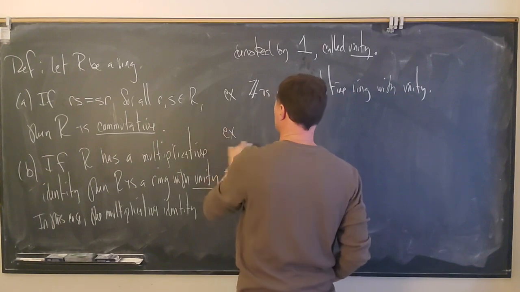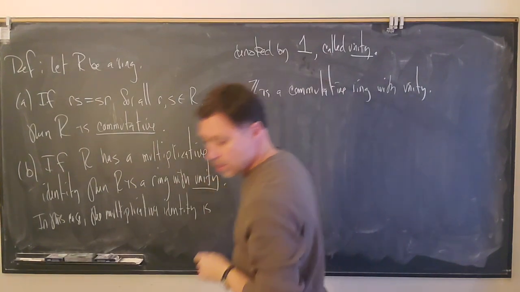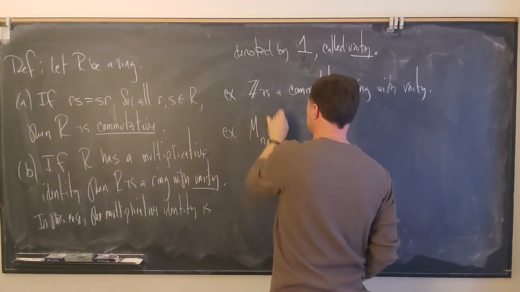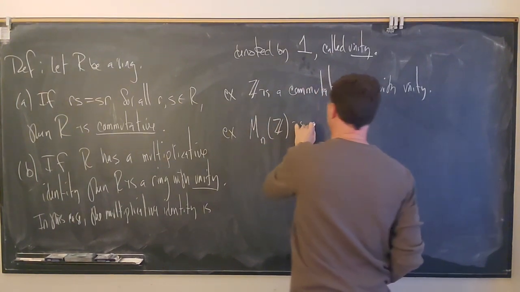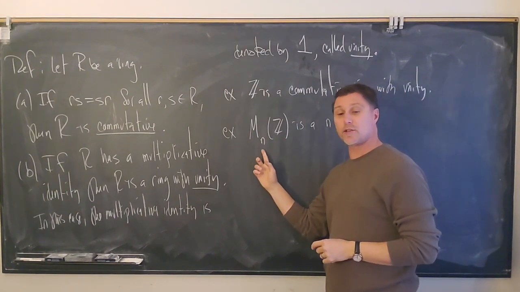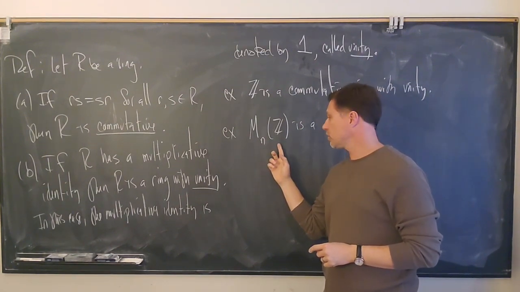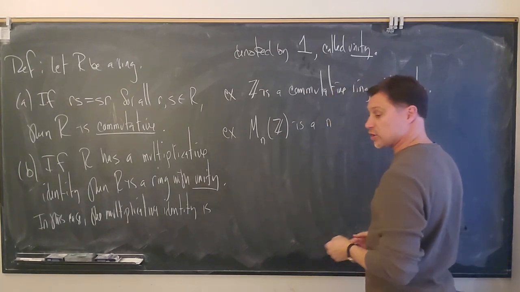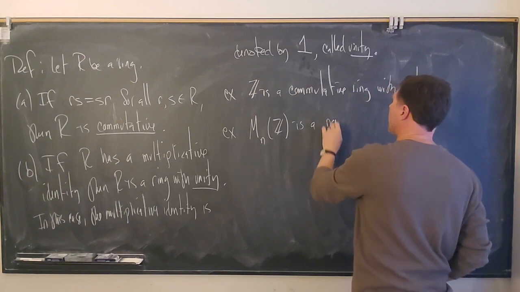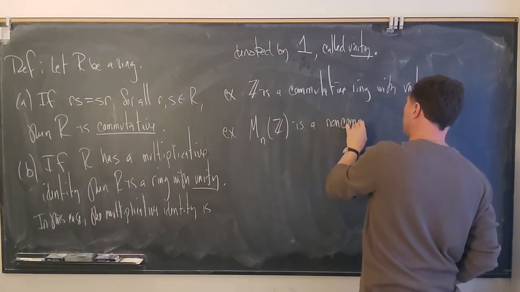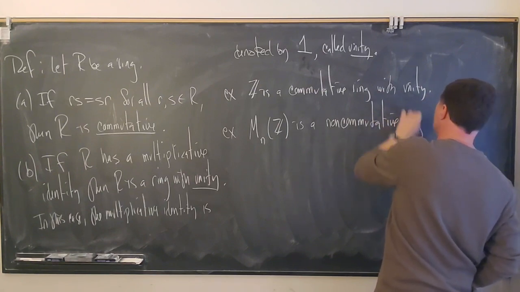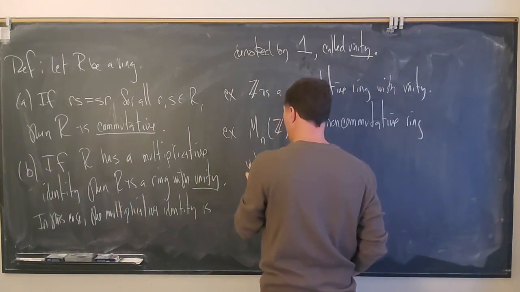Next example, let's look at M_n(Z). This is a non-commutative ring. Remember, this is the ring of matrices with entries in the integers. When you multiply matrices, you may or may not get the same answer when you multiply in different orders. So this is a non-commutative ring with, now how about unity?